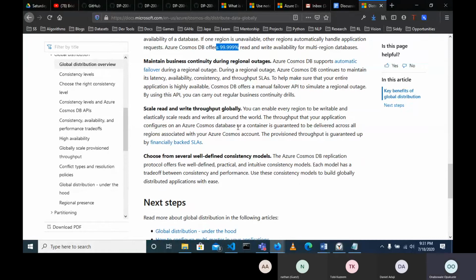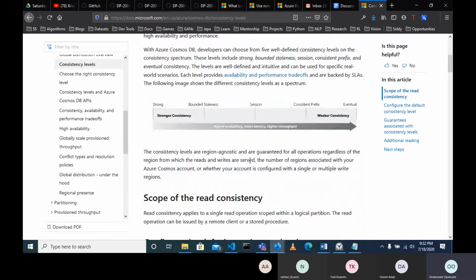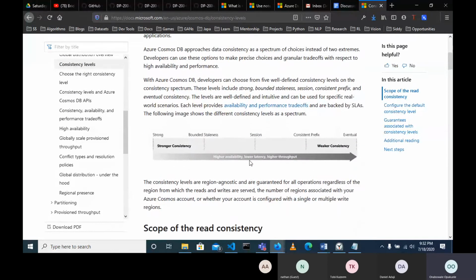So should we talk about the consistency level? I think I saw some consistency level questions while going through the dumps, so I'm just going to touch on that now. There are two extremes of consistency. When you're choosing your consistency, there's always a trade-off.